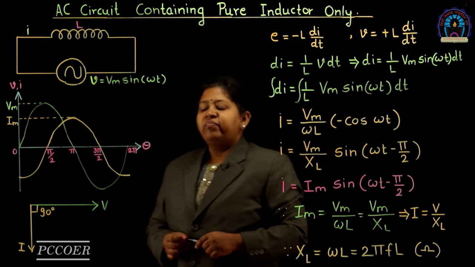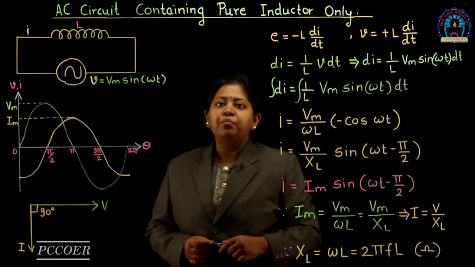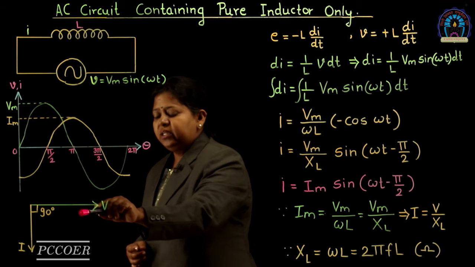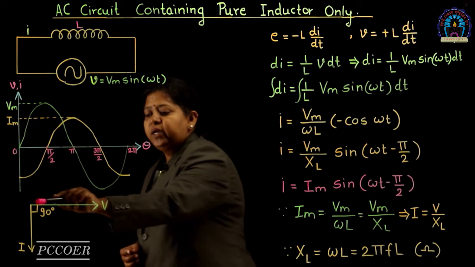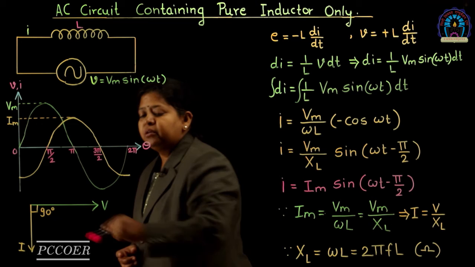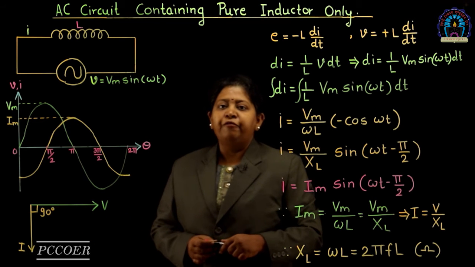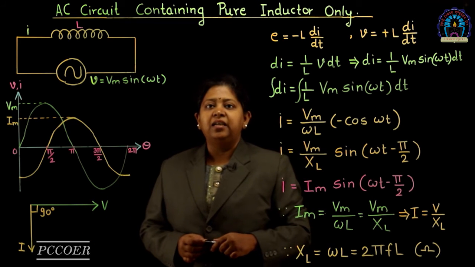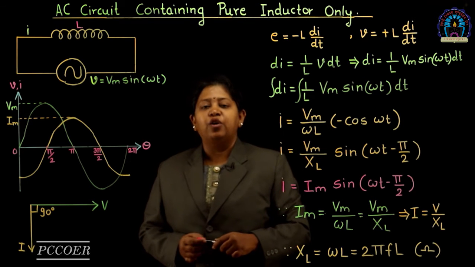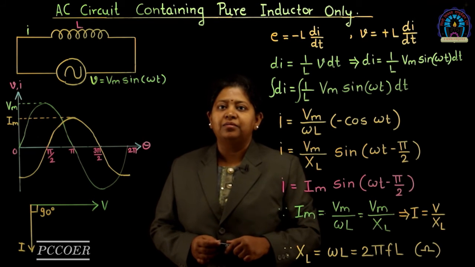That means the current is lagging behind voltage by pi by 2 radians. This is also shown in the phasor diagram, where voltage is taken as reference and current is shown lagging behind the voltage by 90 degrees. The phase difference between voltage and current is pi by 2 radians, and hence the power factor of the circuit cos phi is equal to 0.